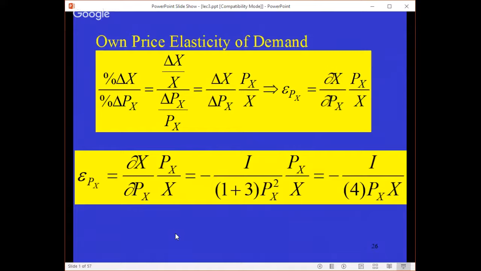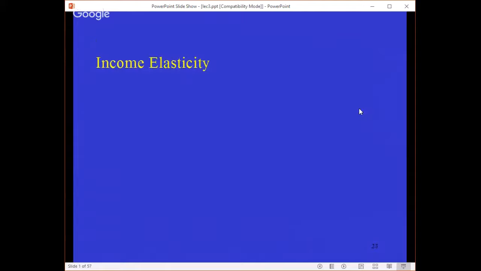So I get I over 4 times PX times X. Again, don't worry about the calculus, but what did we do? I took the partial and multiplied that by PX over X, and that's how I calculated the elasticity. That's the own price elasticity.